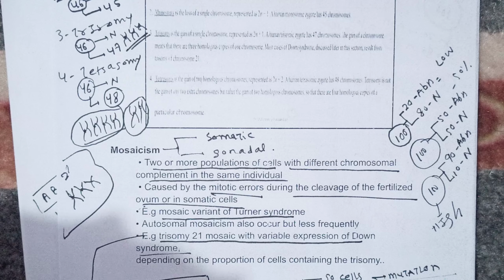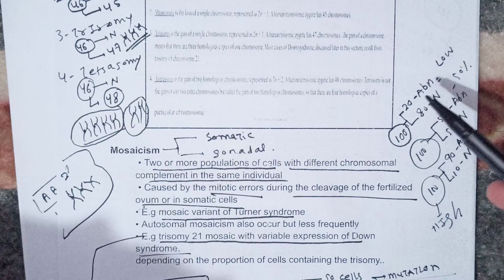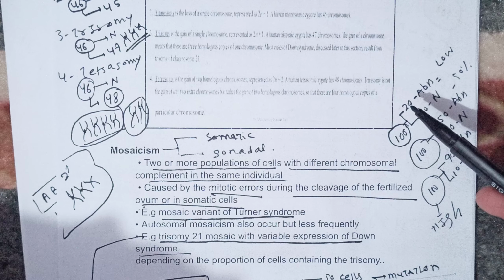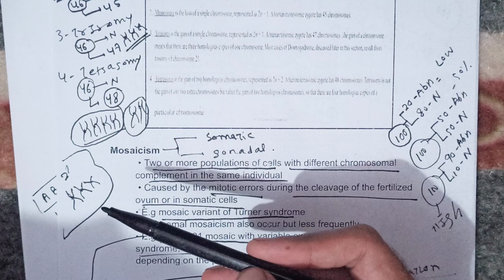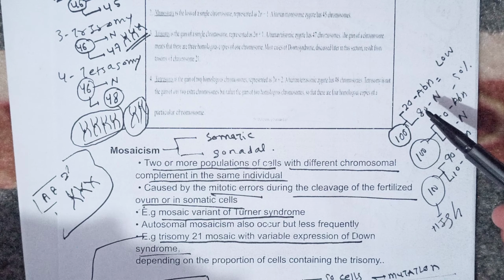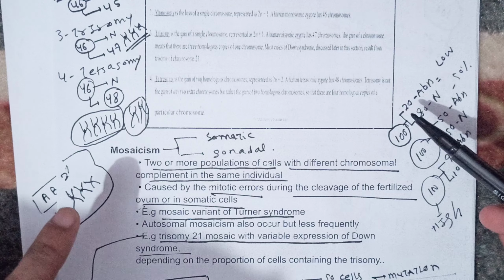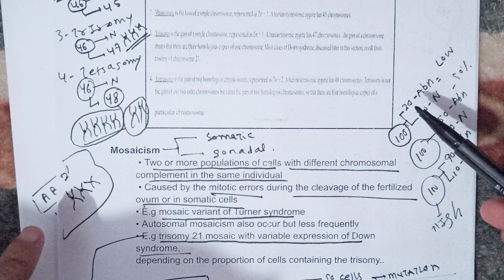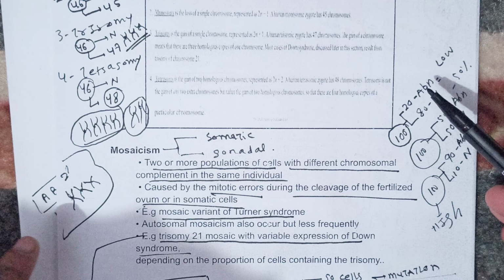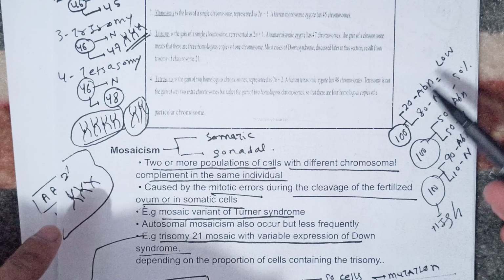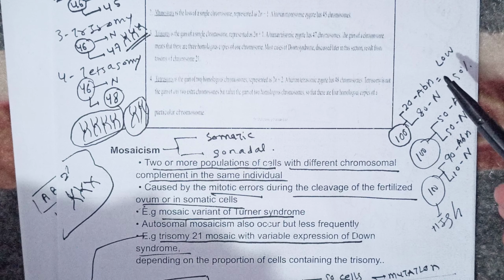One of these conditions can happen, like 20% of the cells of your body may show this condition, and the 80% cells do not show this condition. 80% cells are normal and 20% cells may show the abnormality. This abnormality will be called low grade mosaicism.